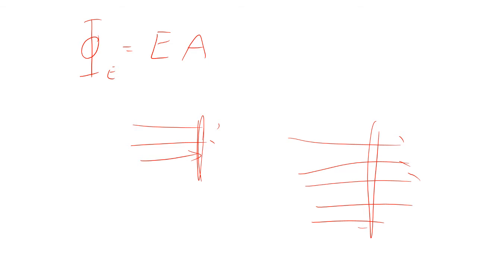Okay, but that's not the whole thing, because they realized if you tilt your area, then there's actually less electric field going through it. So this also is related to the tilt. And so it's the cross-sectional area that matters.